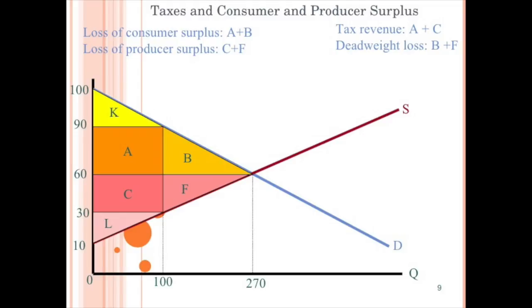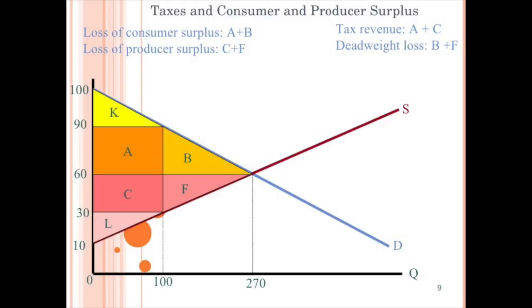To compute the total surplus with the tax, we add the consumer surplus, the producer surplus, and that tax revenue, A and C, and then we find the total surplus is the area. And then you can see there is a loss, B and F, which my friend Hunter will talk about, which is the deadweight loss.